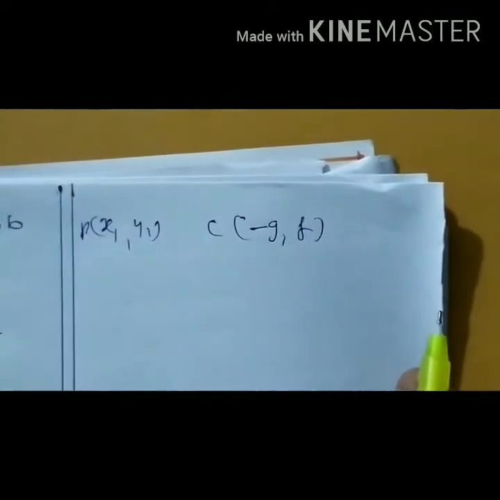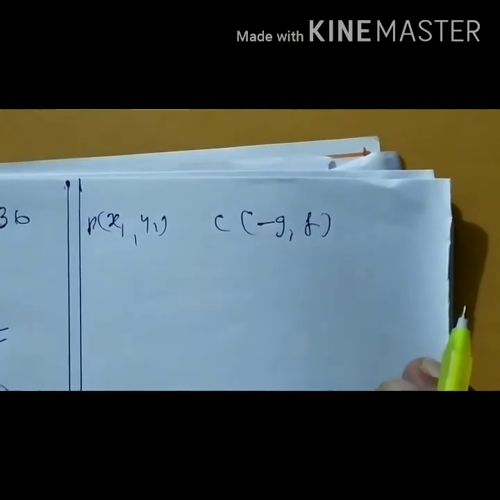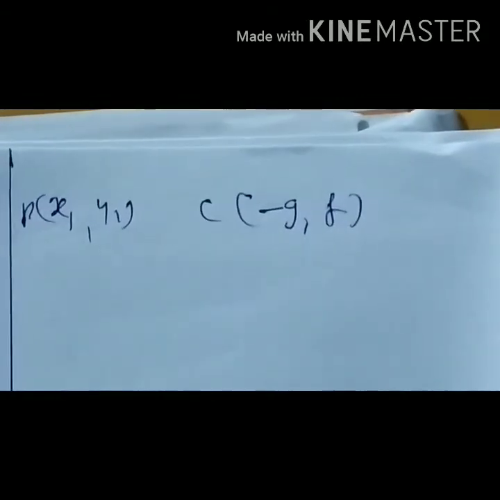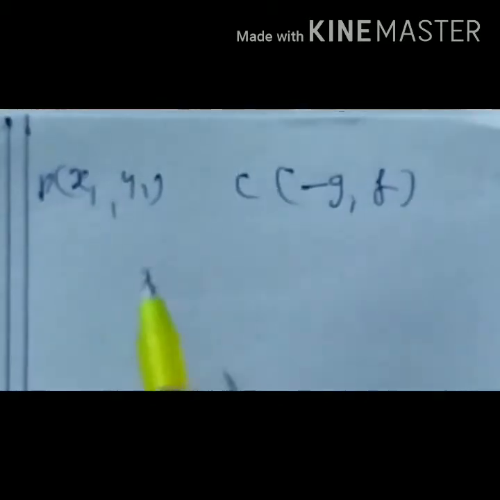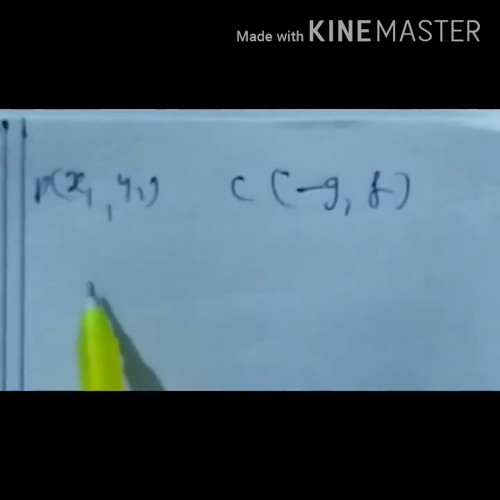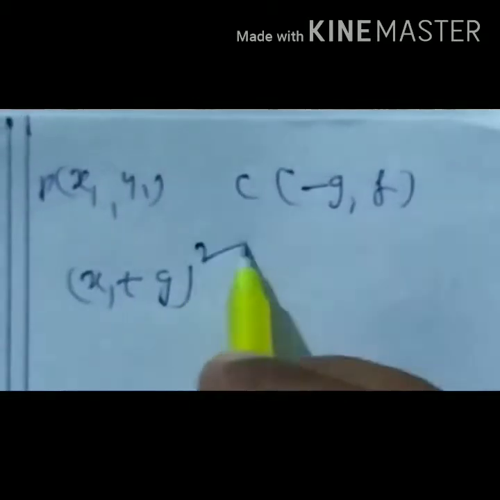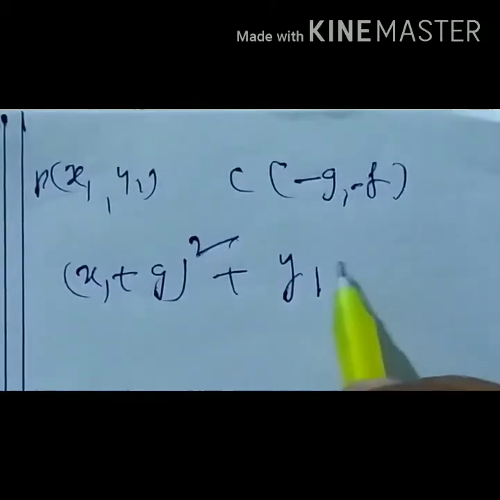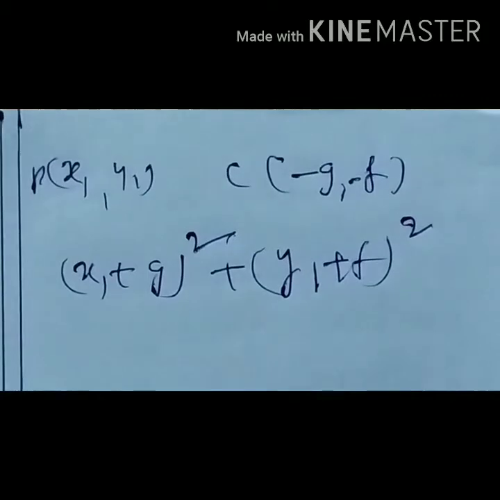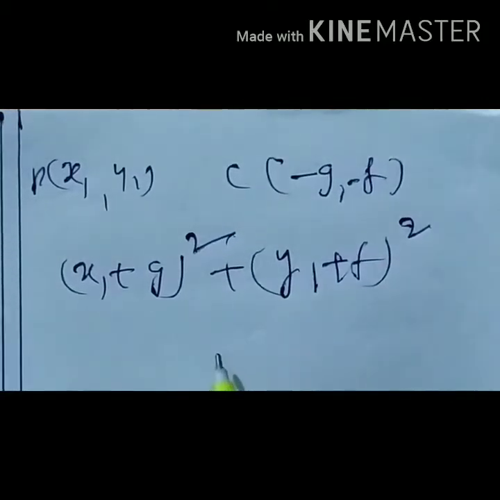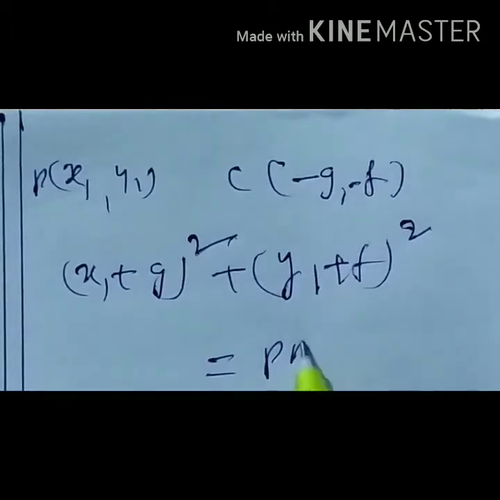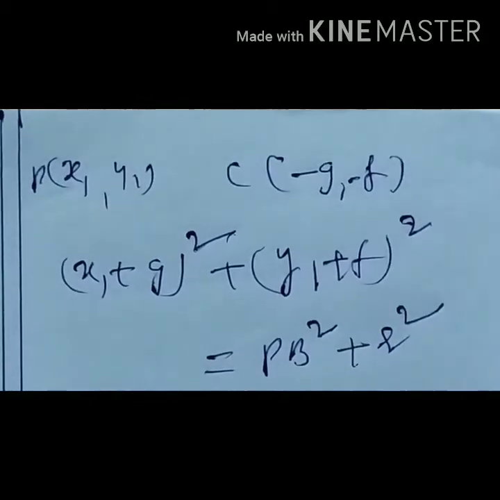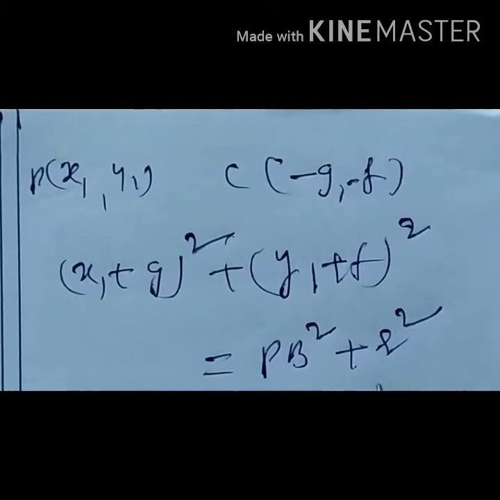So PC square means x1 plus g whole square plus y1 plus f whole square is equal to PB square, the length of tangent, plus R square. So we need to find out R square. R square is equal to g square plus f square minus c.